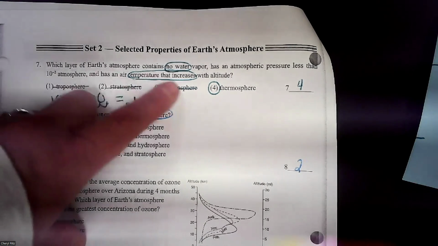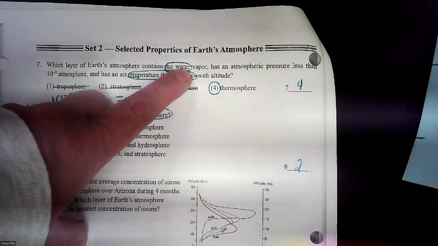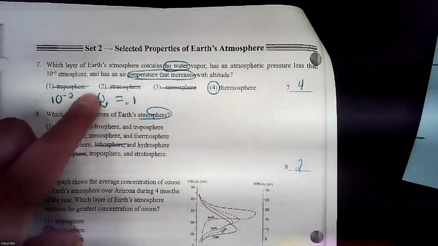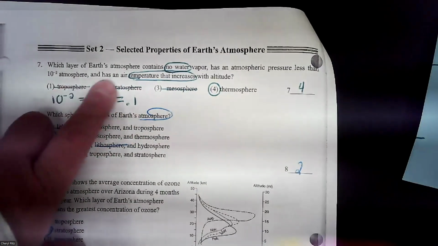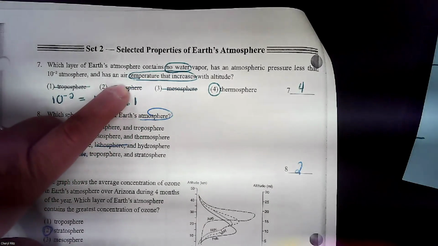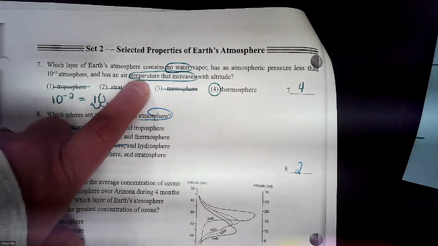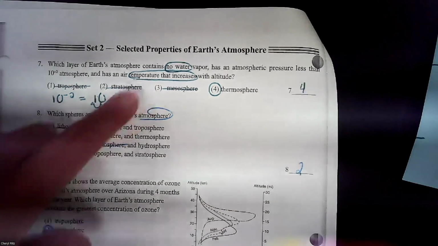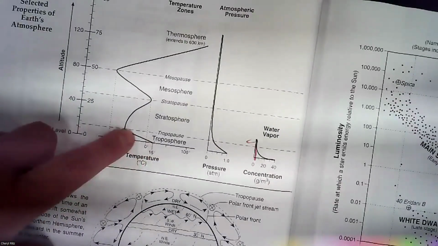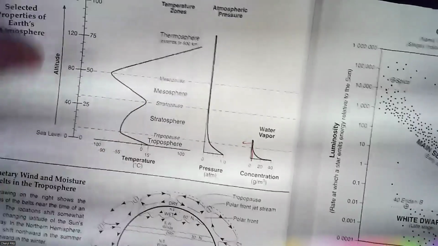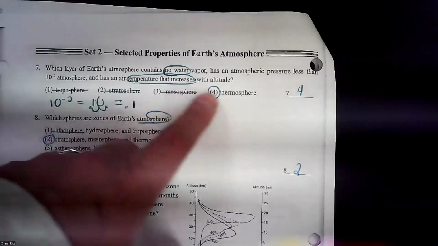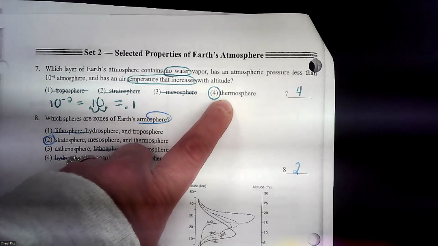So first thing it says, contains no water vapor. So I know the troposphere has water vapor and the stratosphere has a little bit of water vapor. So I cross those off. Then it says a temperature that increases. Troposphere and mesosphere decrease. So I have those crossed off. So now that truly only leaves thermosphere.